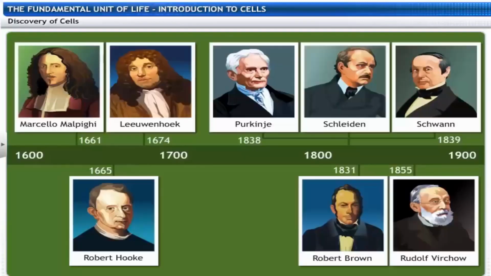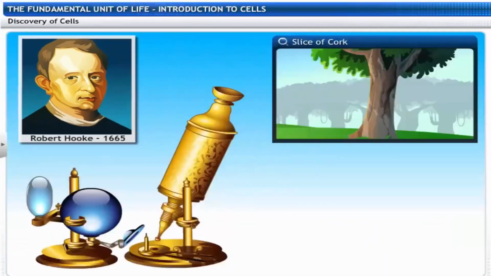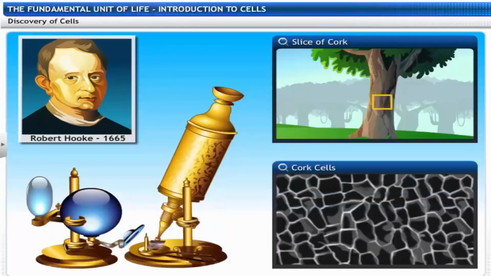In 1665, Robert Hooke, an English scientist, looked at a thin slice of cork through a compound microscope. He observed many tiny, hollow, room-like structures that resembled a honeycomb and called them cells. Hooke actually saw only the outer cell walls because cork cells are not alive.